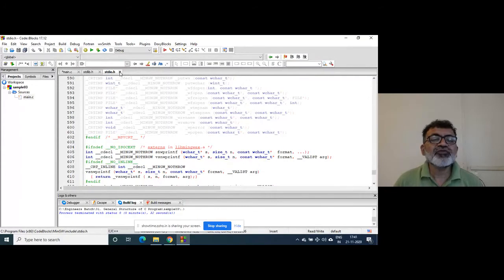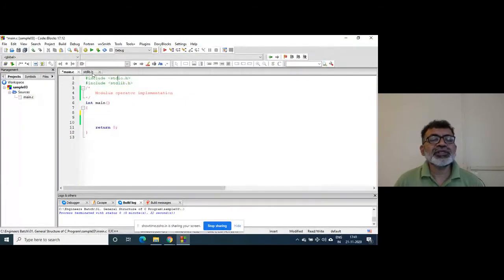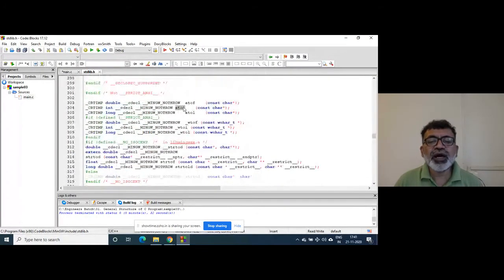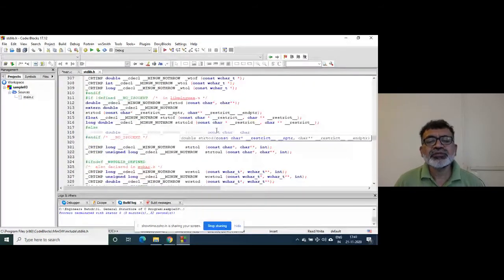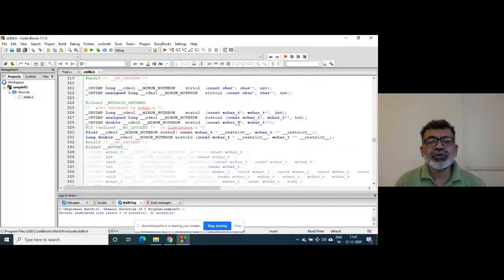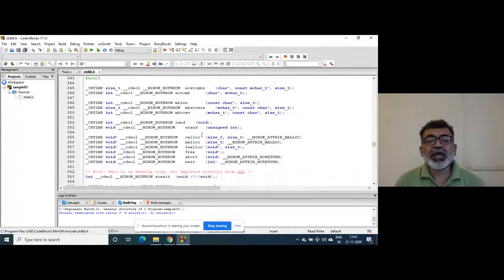Similarly, when we are going to call a function from this file, this a to I, ASCII to integer, ASCII to long, ASCII to float, right? So we call this. Calloc and malloc are also there. Dynamic memory allocation functions are also there.